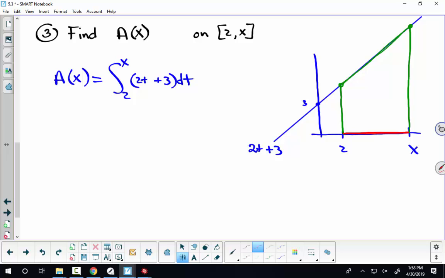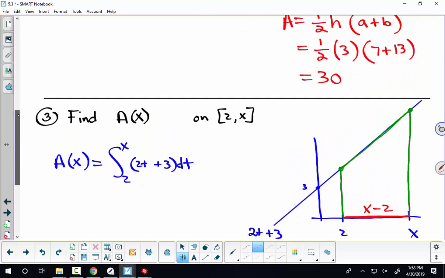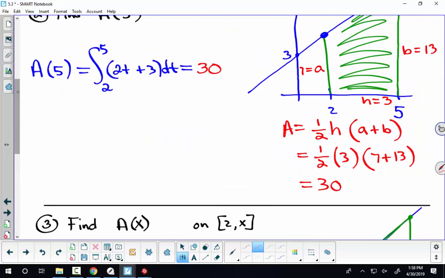If I go from 2 to 10, I know that change is 8. It's 10 minus 2. Right minus left gives us that change. The length of the base of this particular figure is x minus 2. Again, it depends on where we stop. Just like when we stopped at 5, the length was 5 minus 2. X minus 2 gave us the length of the base.